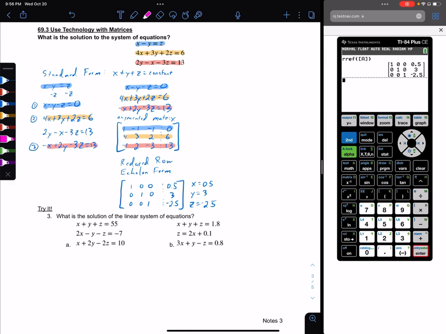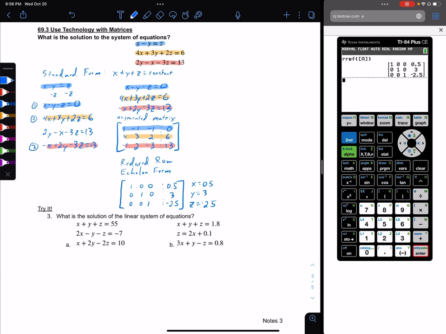I know that because remember this piece here is our x column, so this piece would be x. And there's no y and z on this row, so x is equal to 0.5. Then you have your y column, this one here, so y would be 3. And then you have your z column, in this case z would be -2.5.